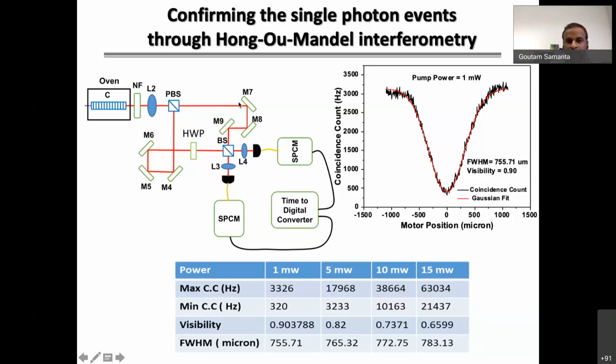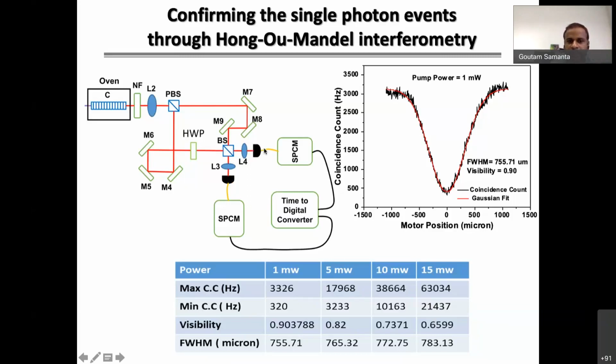When they are indistinguishable in all degrees of freedom, meaning polarization, time, spatial mode and everything, then the photons go to one of these ports. I don't know which port, but they will always end up in a single port.